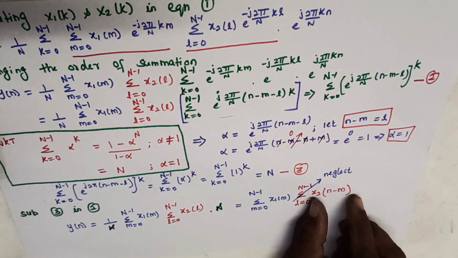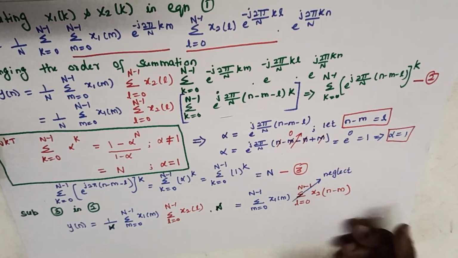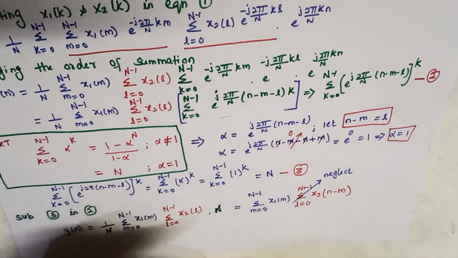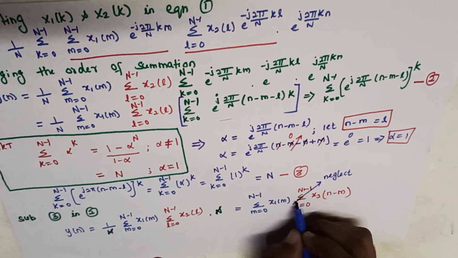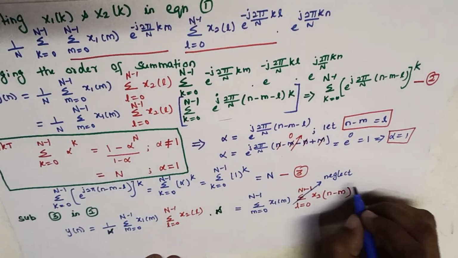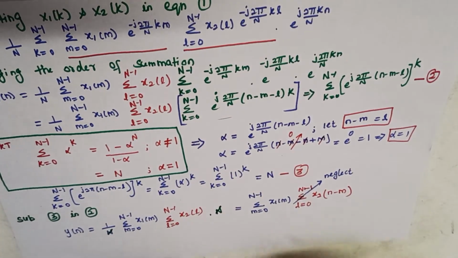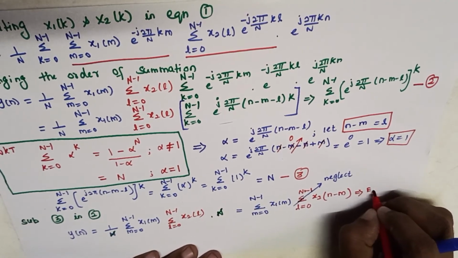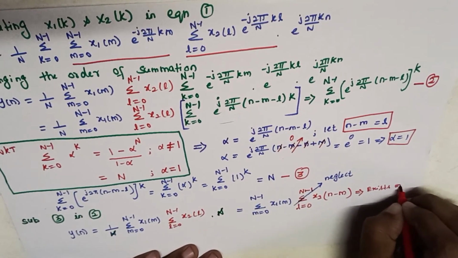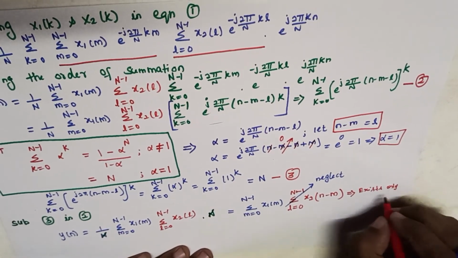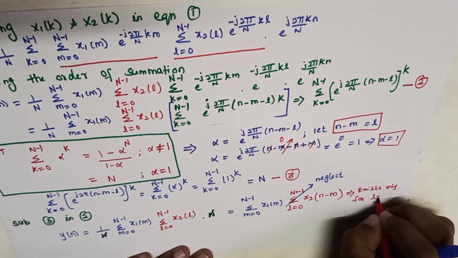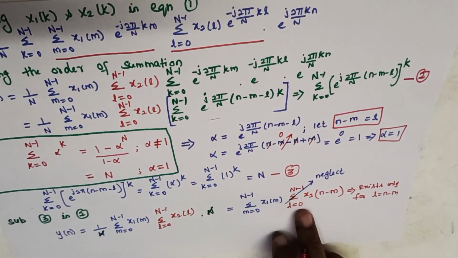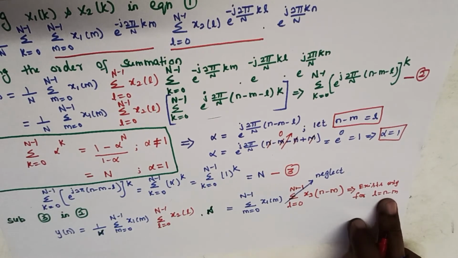And now this term within the summation has not got any L value. So this is going to exist only for one value of L, which is n minus m.